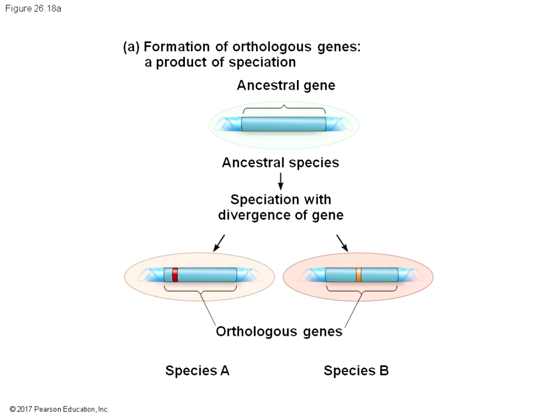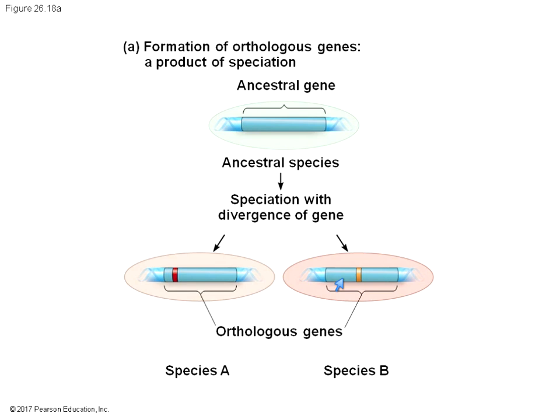So let's take a look at this. Here's an ancestral gene, and over time, this ancestral species diverged into two new species. Here's species A, and here's species B. This gene accumulated a mutation here.